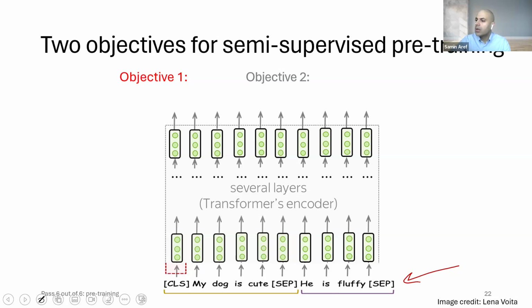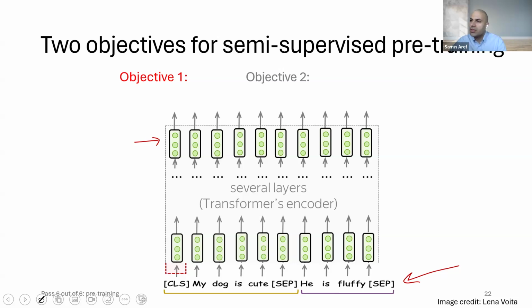The input goes up through, let's say, 12 layers of encoders, and then what we get in the end are vector representations corresponding to each token of the input.